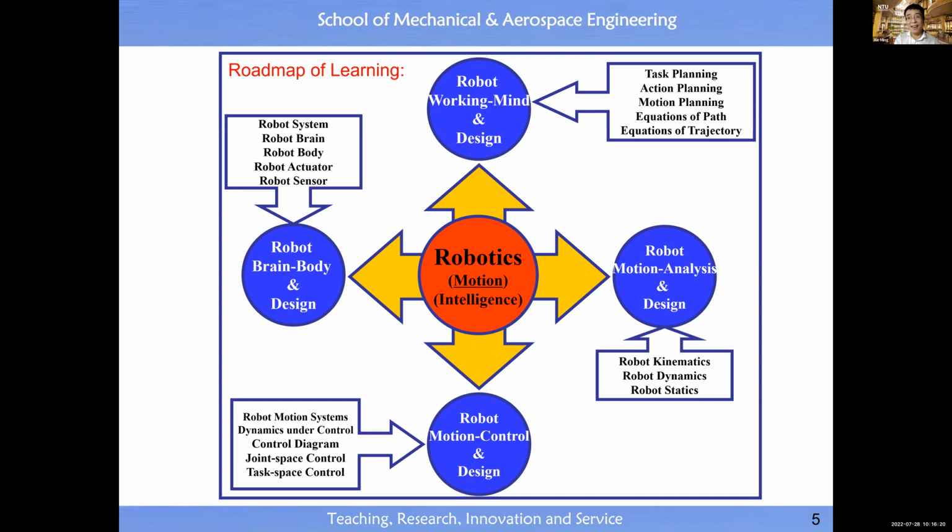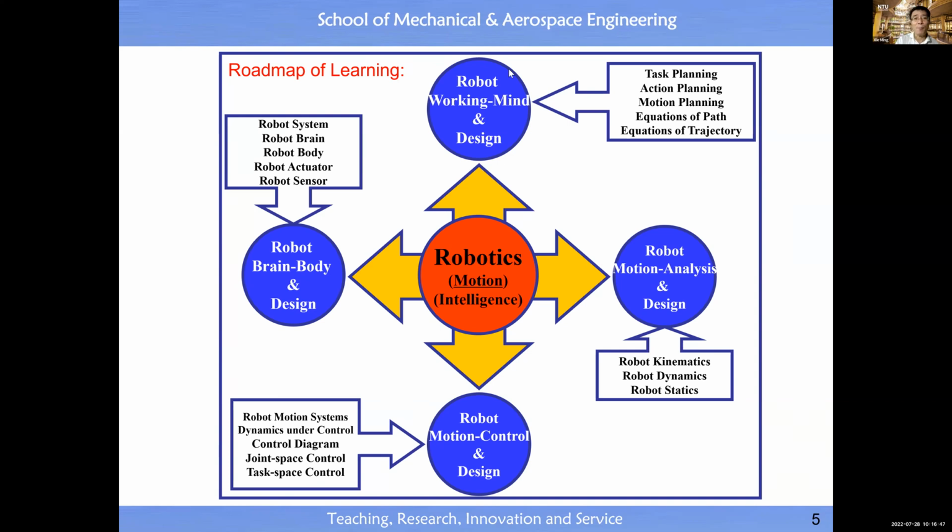Okay, then in the first lecture, I already answered this question: in order to become an expert engineer in robotics, what should be the basic knowledge and skill for you to have? Basically, you need to know the knowledge related to these 4 modules. Module number 1, how to design the body of the robot. Module number 2, how to design the mind of the robot.